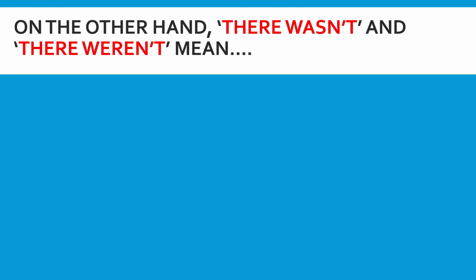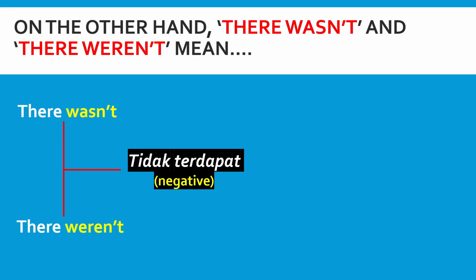On the other hand, there wasn't and there weren't mean tidak terdapat in BM. In other words, they are called negative sentences. The only thing that makes there wasn't and there weren't different is that there wasn't is used for singular objects.